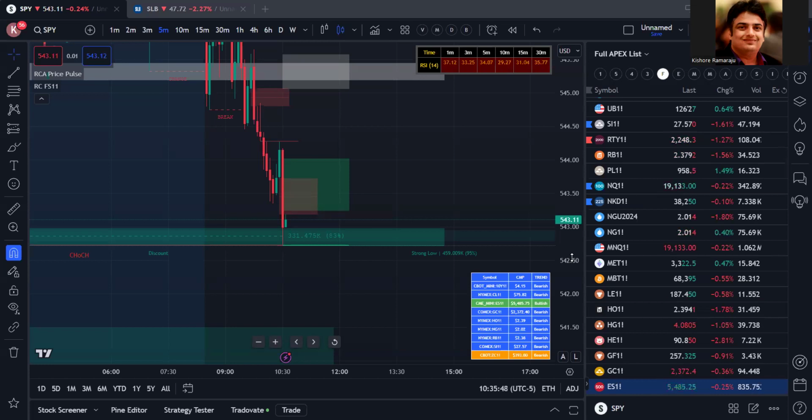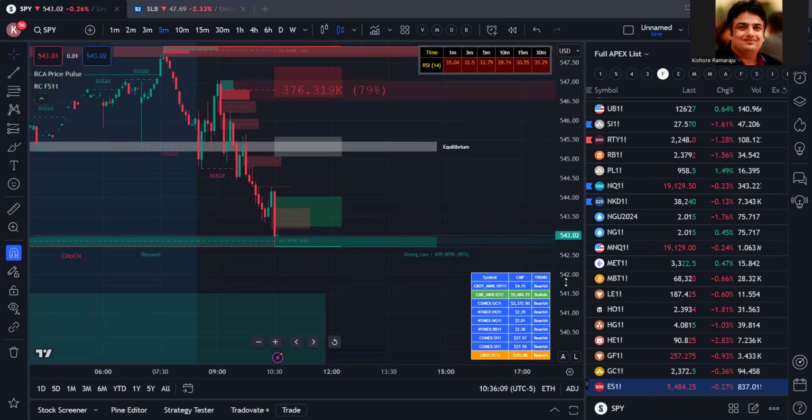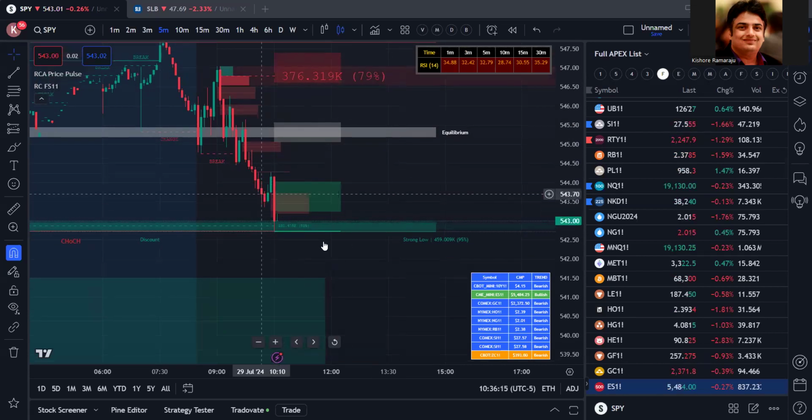So, right, we can still do a credit spread. Even if it does a double bottom, the risk is low. When it does a double bottom, we can enter the calls. We can enter the 543 call or 544 calls. It may go all the way back to 545, 546 by tomorrow or by end of today.